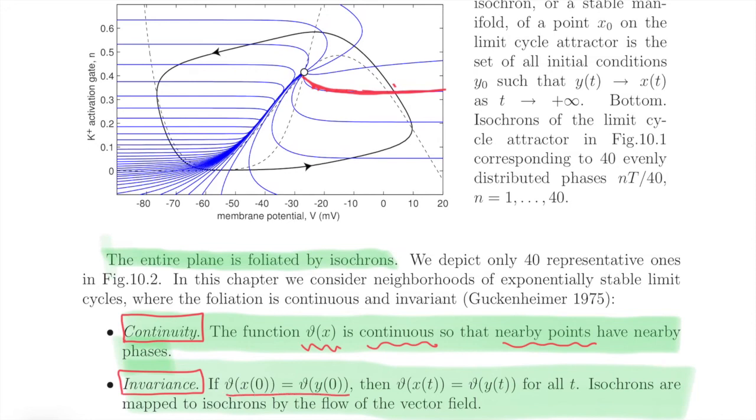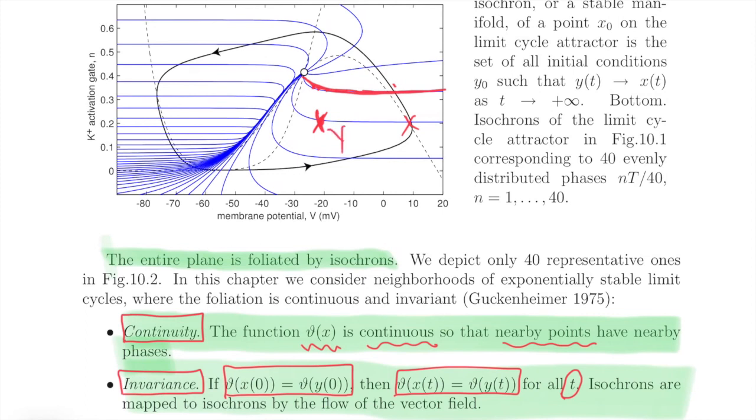So if there is a point here, for instance, whose phase is equal to the point here, then in the long run, by the evolution of this point, which is the representation of this state of the system, at any time t, for all t, nu of x of t is equal to nu of y of t.